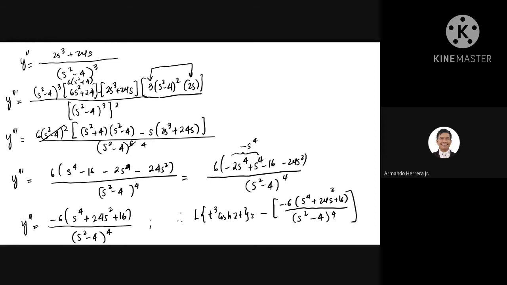And that negative and negative cancel out, it becomes positive. So the Laplace transform of t cubed cosh 2t is 6 times (s to the 4th plus 24s squared plus 16) all over (s squared minus 4) to the 4th power. So that therefore is the answer there.